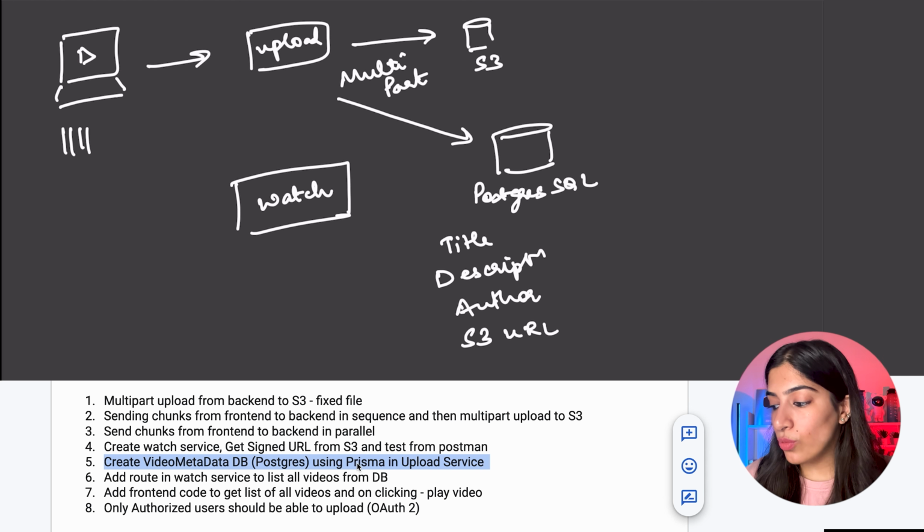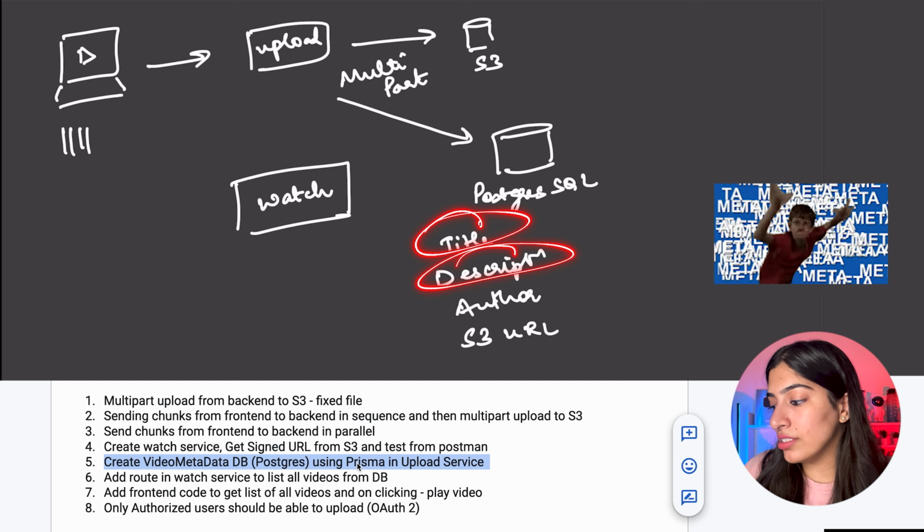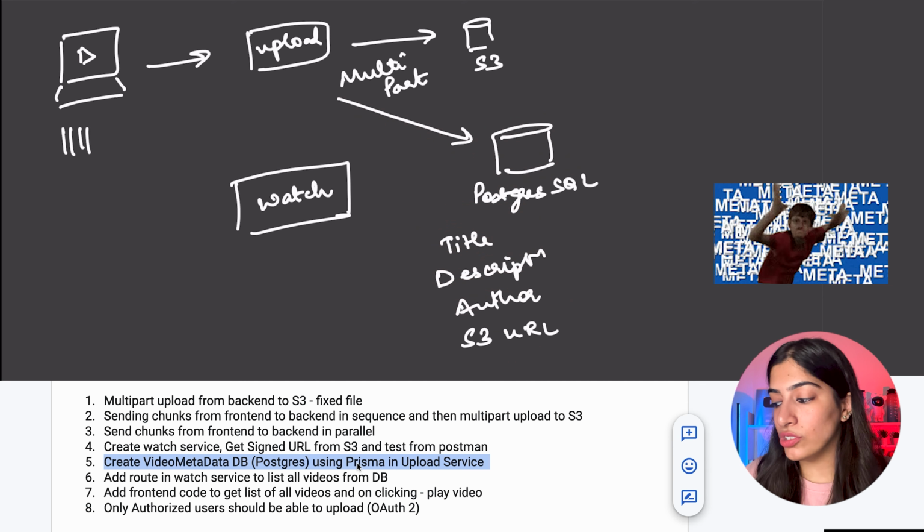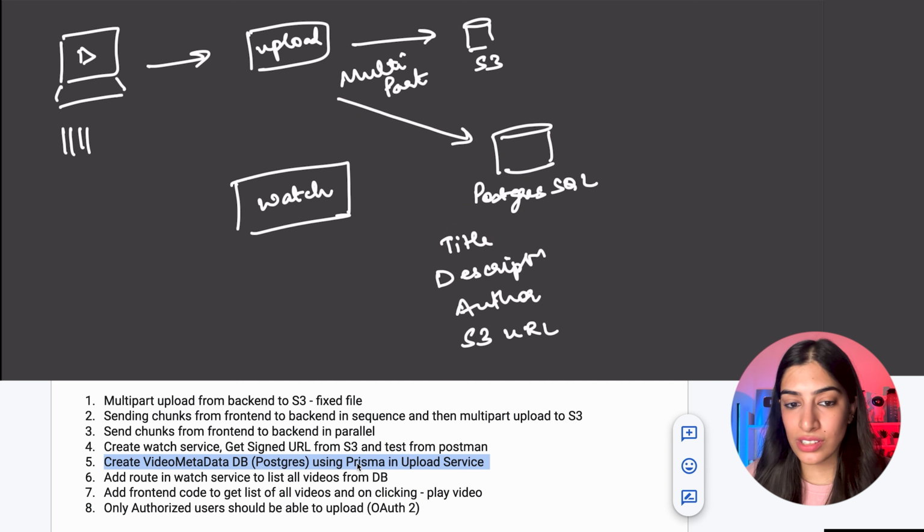So we first upload to S3, and after the completion we get the URL. After that, we call PostgreSQL and add the metadata: title, description, author, and S3 URL.